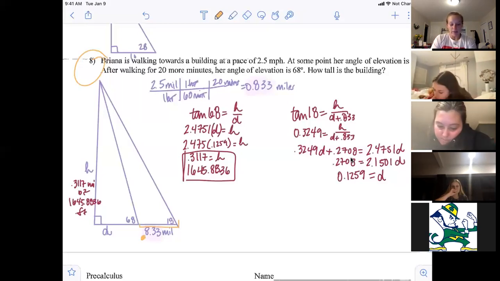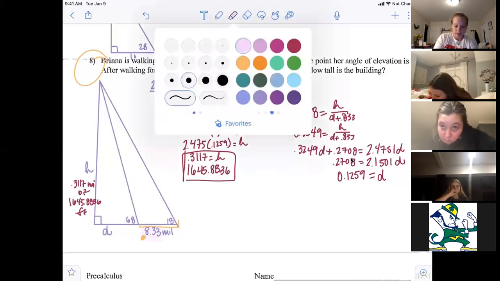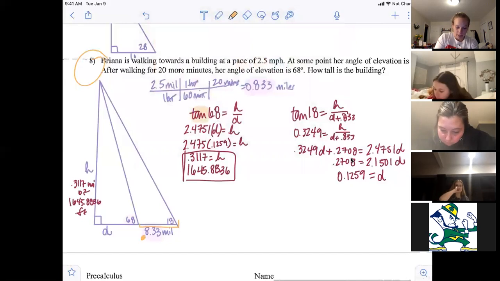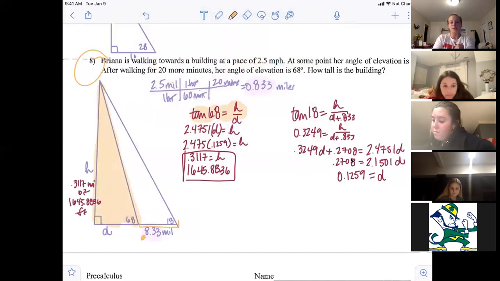And then now her angle of elevation is 68. So now we've got, again, 2 triangles. So I did tangent for the first triangle. Tangent of 68 equals h over d. So that's this inside triangle. Again, if you're standing somewhere and you have an angle and then you walk closer and you have a new angle, that's a sign that the triangle is going to look like this. Another example we did like this was a car drove closer to the building.